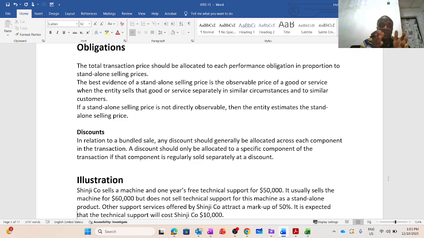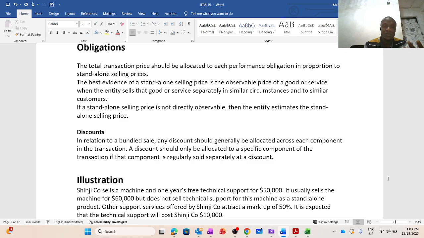So without the combined sales, or with the combined sales, the product has been sold at a discount regardless of the situation. So in this particular situation, we are going to allocate the discount of 500 to the computer, for example, or to the services, for example.